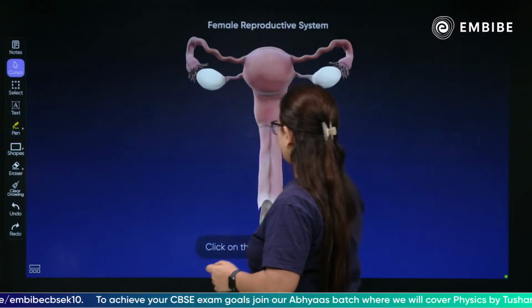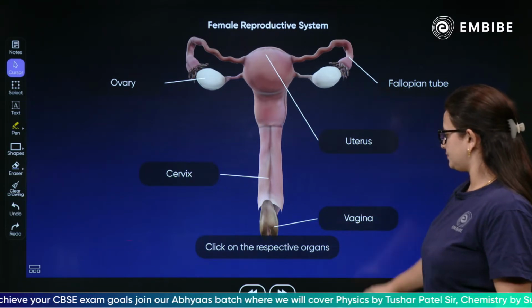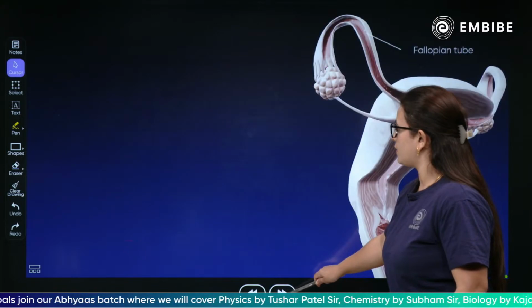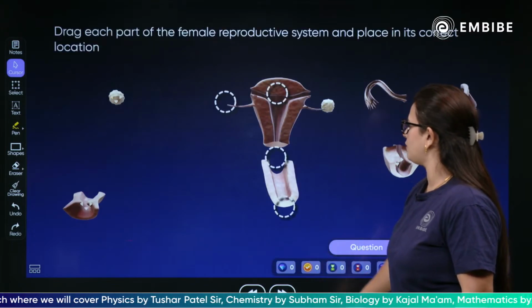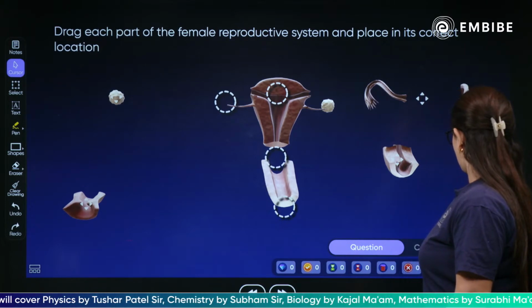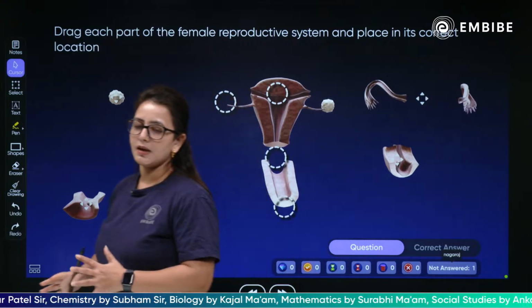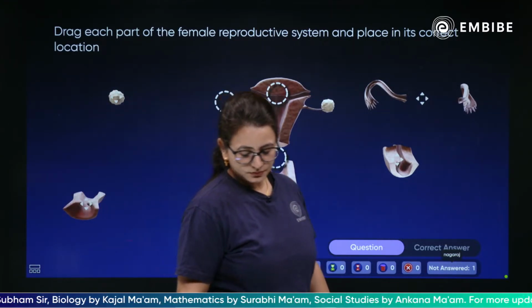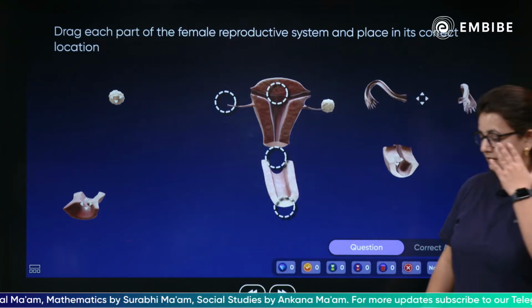As we go back, we have just finished all the parts of the female reproductive system. What we're going to do next is solve a question. You're going to arrange all the parts of the female reproductive system in the correct order. Please arrange all the reproductive parts in the correct order.